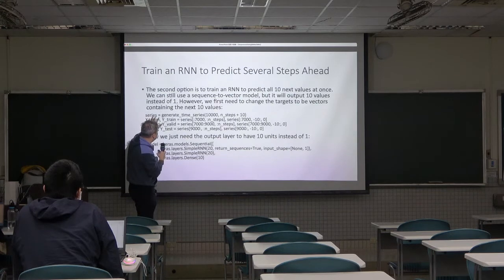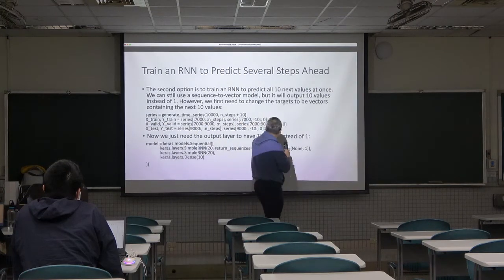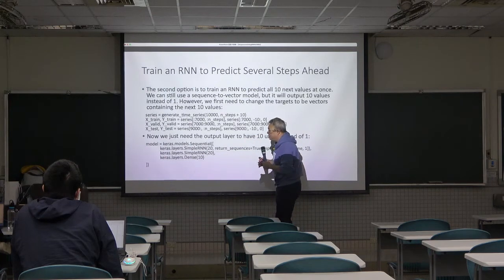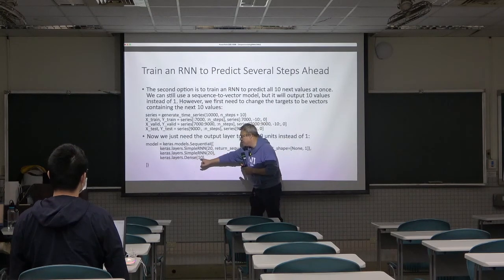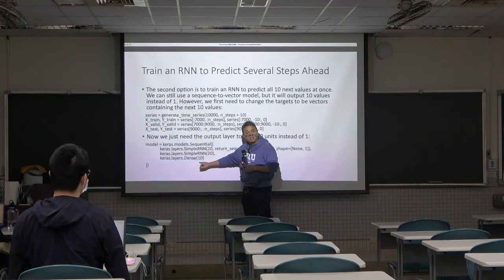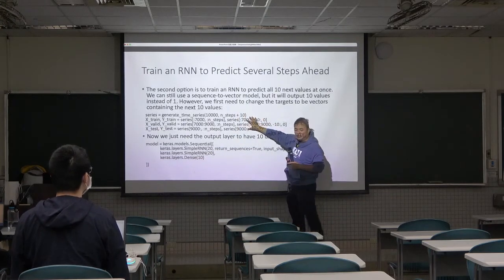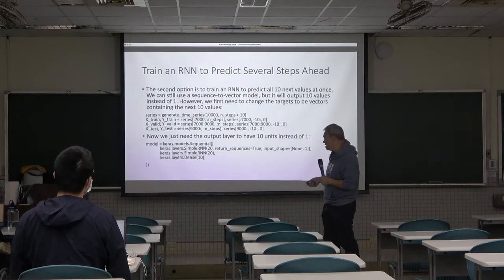Before doing that, of course, you have to prepare your training set so that the ground truth is not just one number but 10 numbers. In the model you can see here, 20, and a dense layer where you output 10 numbers. Instead of outputting just one number, you output 10 numbers directly. These 10 numbers you try to fit to the next 10 numbers from this time series.